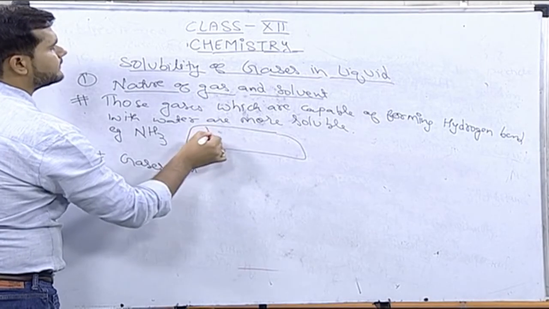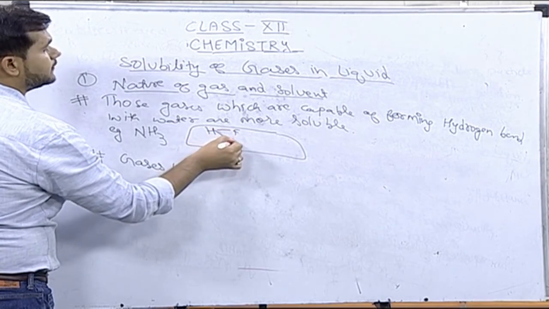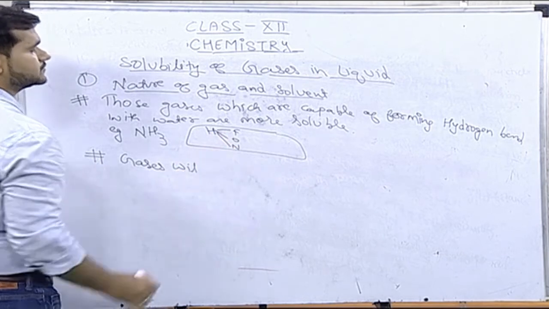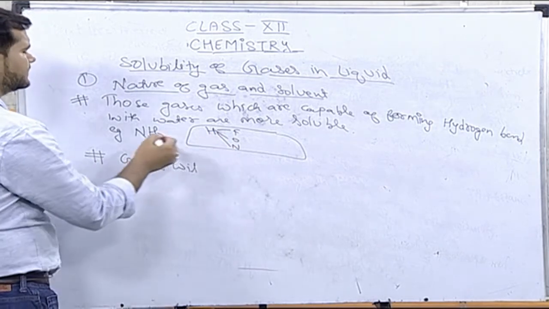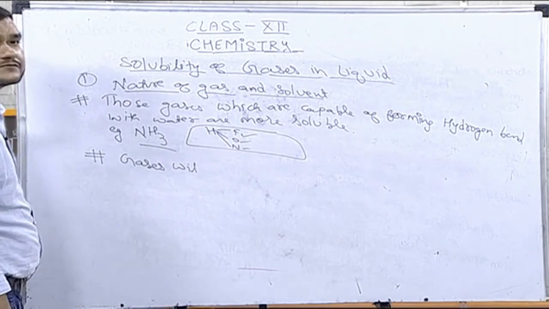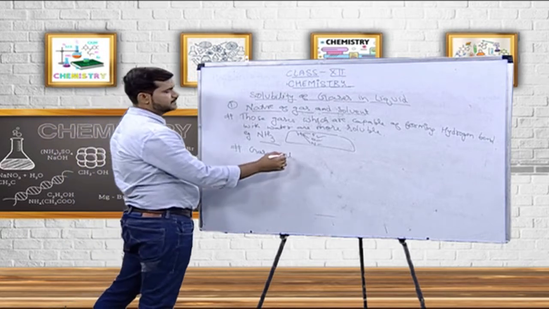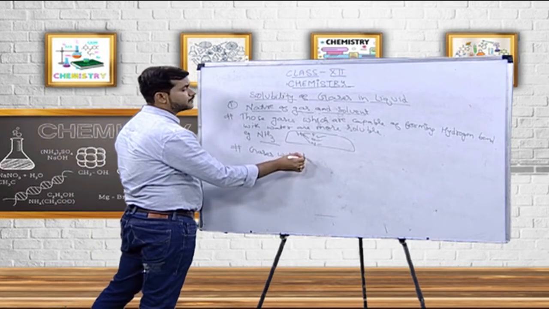A hydrogen bond is formed between hydrogen and fluorine, oxygen or nitrogen. So any gas which contains fluorine, oxygen or nitrogen is capable of forming hydrogen bonds with water, and is easily soluble.